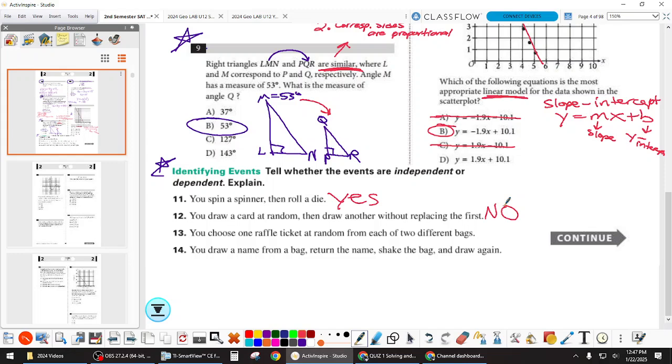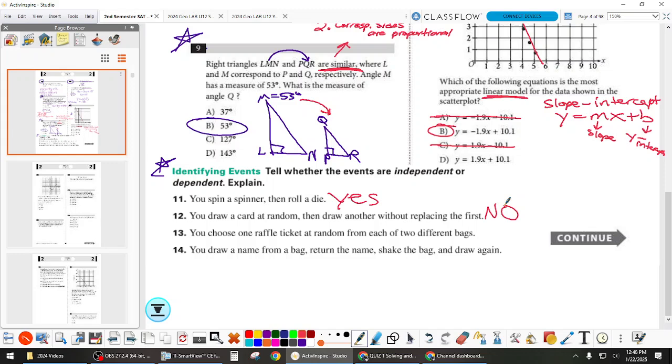So, how about this? Choose a raffle ticket at random from each of 2 different bags. Maybe you're trying to pick winners. You're picking one from each bag. Are those independent? I have a yes, and a no. What do you think? You got it.